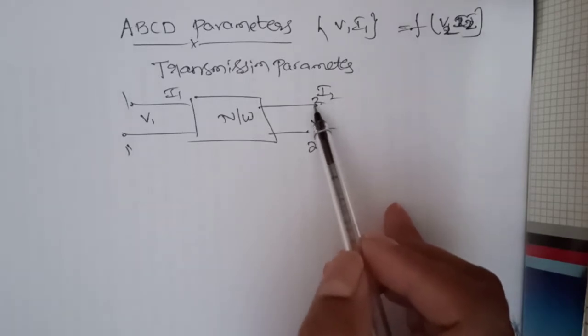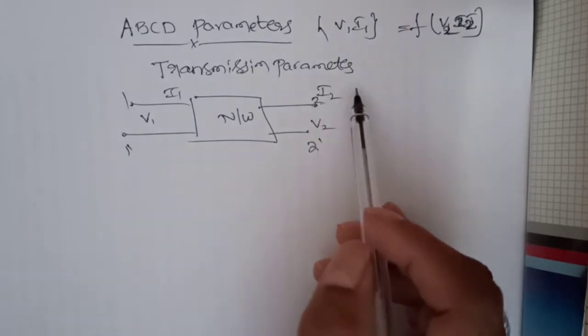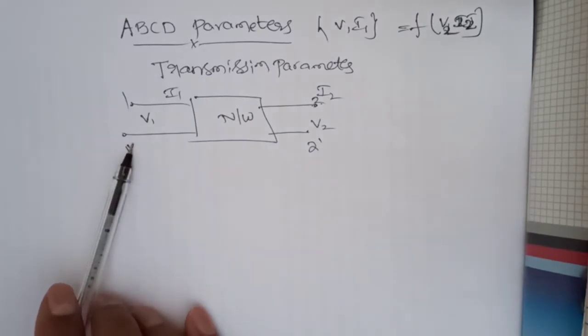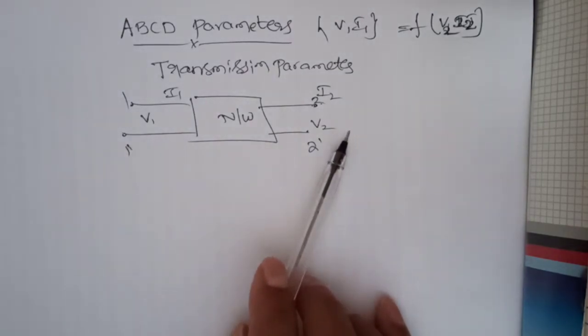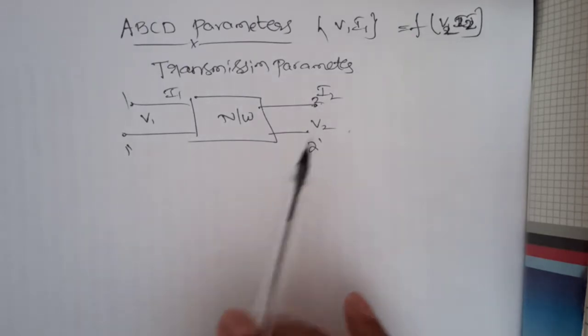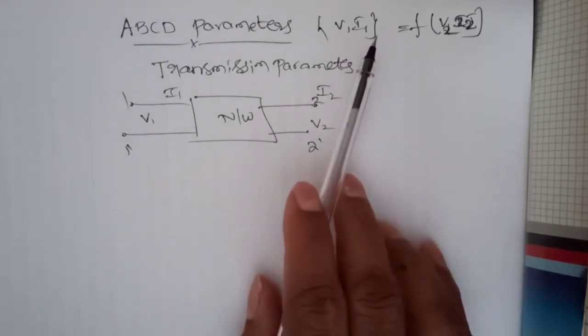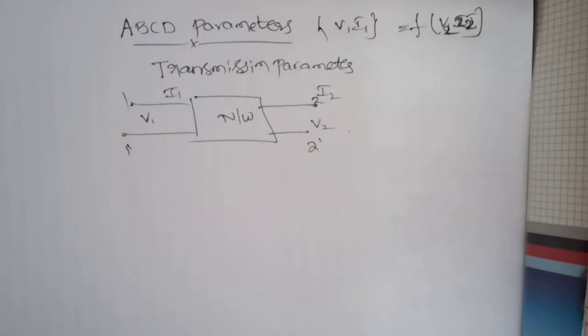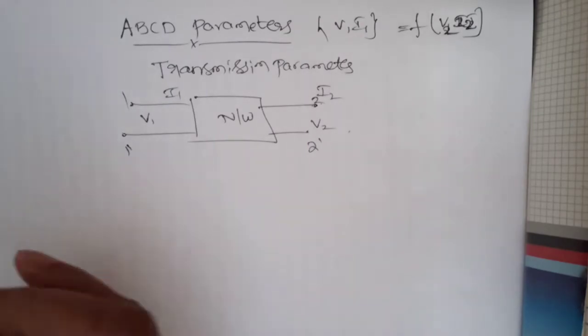Sending end we can refer to as the input port, receiving end we can call the output port. So these are obtained by expressing voltage V1 and current I1 at the input port in terms of V2 and current I2 at the output port. So the voltage V2 and I2 are independent variables while V1 and I1 are dependent variables.